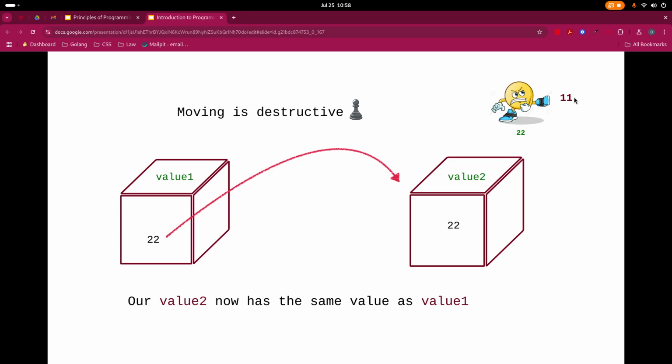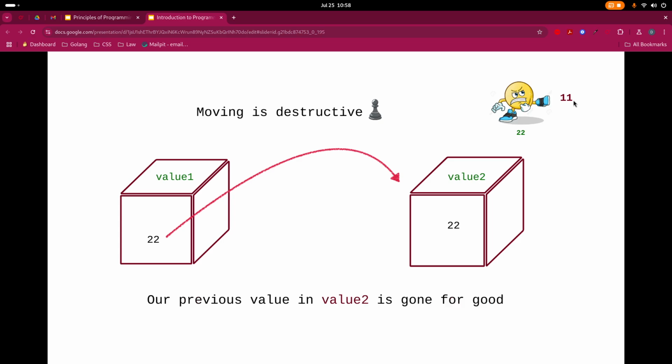It was effectively destroyed. So that's what I mean when I say moving something from one variable to another is destructive. Whatever was in that variable, whatever was in that box, will be overwritten. That's a very important rule that you must always remember.